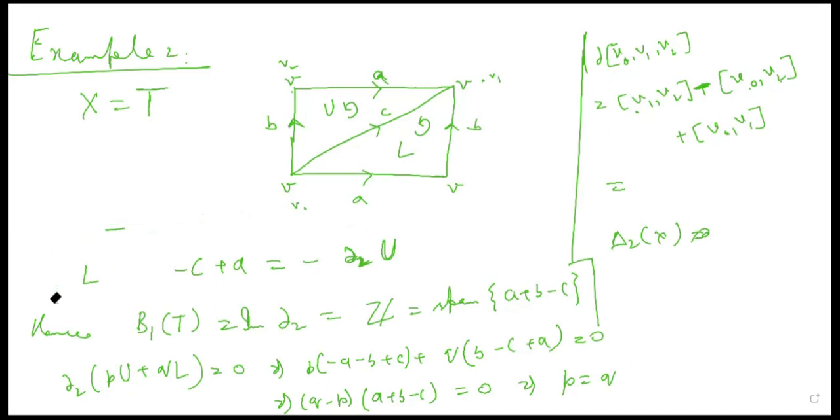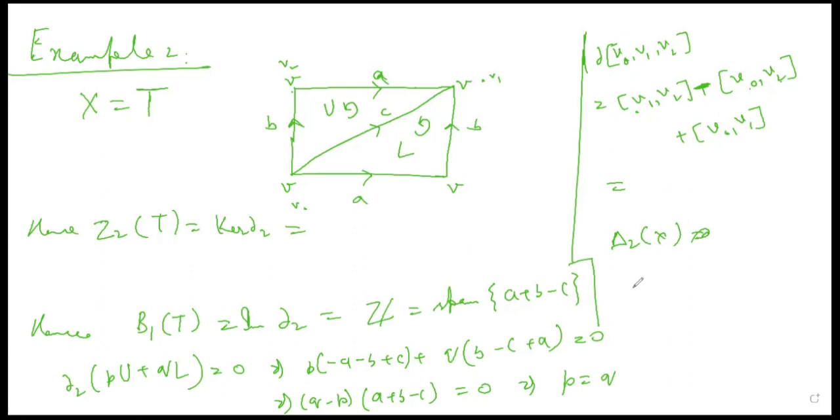So what will be the kernel? Hence, T equal to kernel equal to, so if this is 0, it means P and Q will be equal, right?